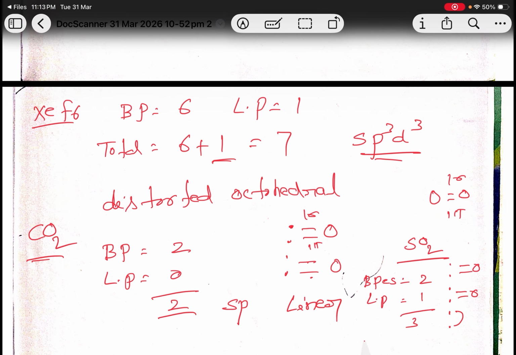Total 3. 3 means sp2 hybridization. sp2 hybridization with one lone pair means angular shape. Angular or bent structure. So like this you can easily determine the number of lone pairs, bond pairs, the type of hybridization and shape of the molecule.